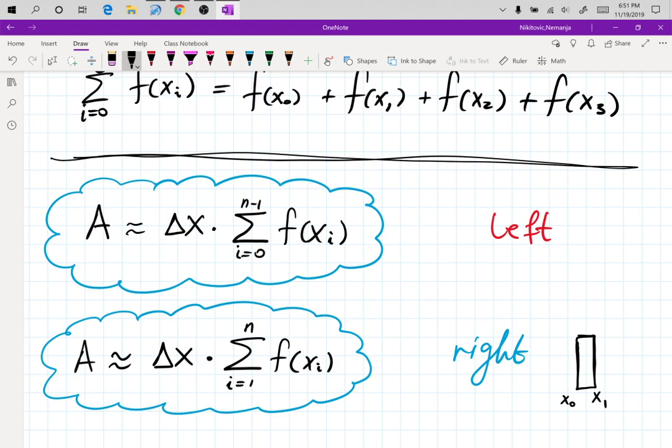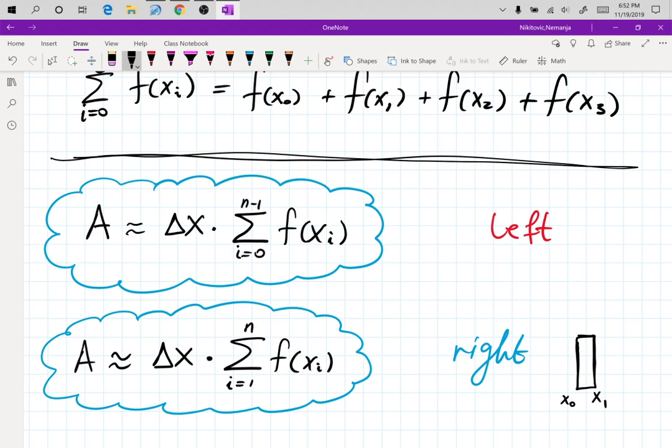So 16 digits and a 0 is 17 calculations for 17 rectangles. If you're using the right-hand sums, right, then you're starting with x1 because when you go up from x1, you create a rectangle so that x1 can be the right point of that rectangle. So we're starting at 1, and again, on the tail end where n is, you're using right rectangles, therefore you will be using xn this time.